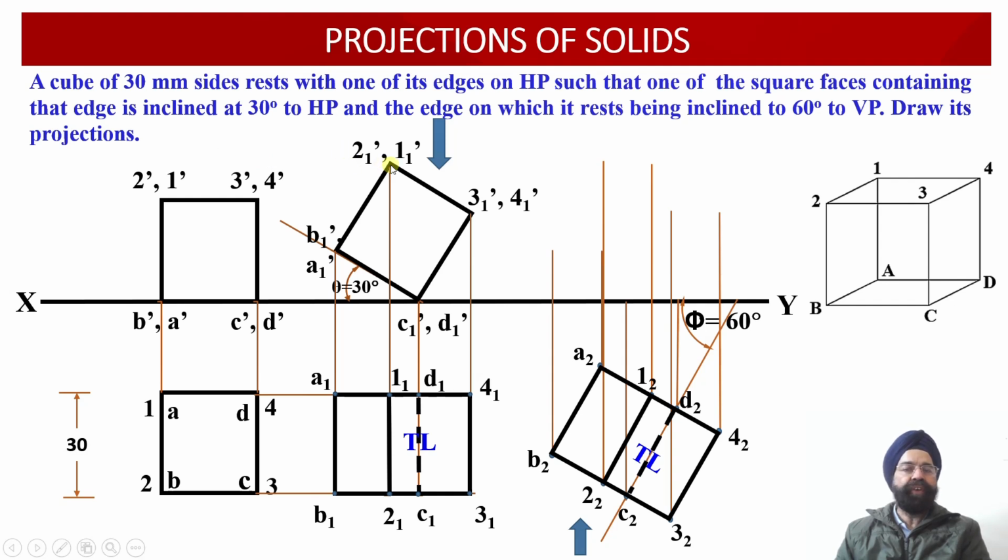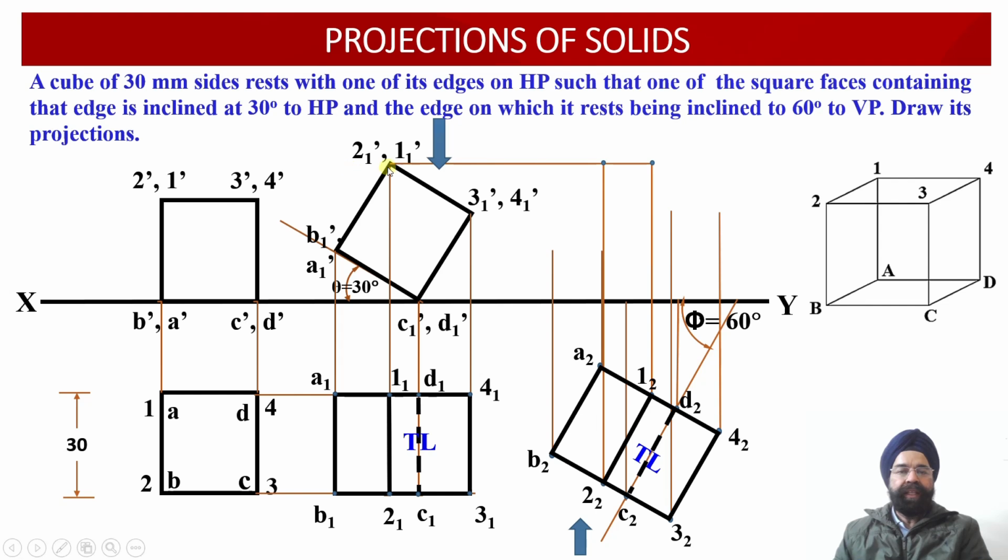Here we have got the points 1, 1 dash and 2, 1 dash in the elevation. From 1, 1 dash and 2, 1 dash a horizontal projector line we have drawn, and wherever it intersects with the vertical projectors drawn through the points 1, 2 and 2, 2, we are going to obtain the points 1, 2 dash and 2, 2 dash over here.